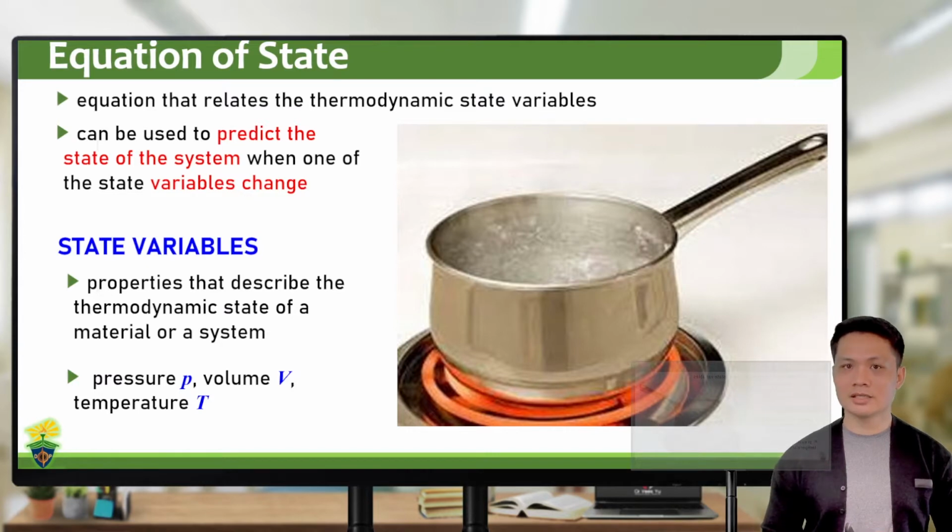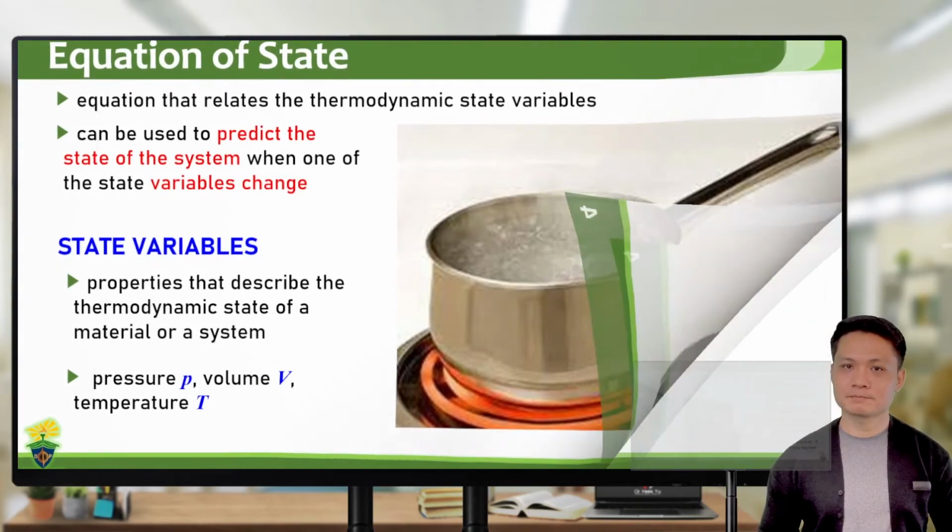Based on our experience, when you add a certain amount of heat to that water, at a later time there will be observable changes in the behavior and the state of the water. Some will evaporate, and eventually the volume of the water will reduce. This happens with a very obvious change in temperature.